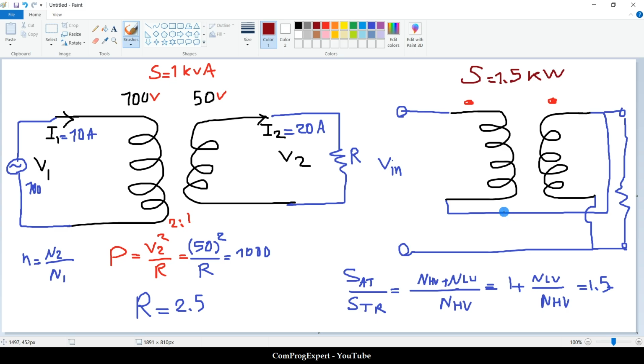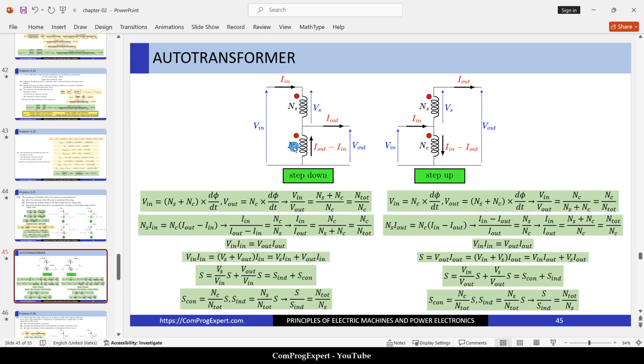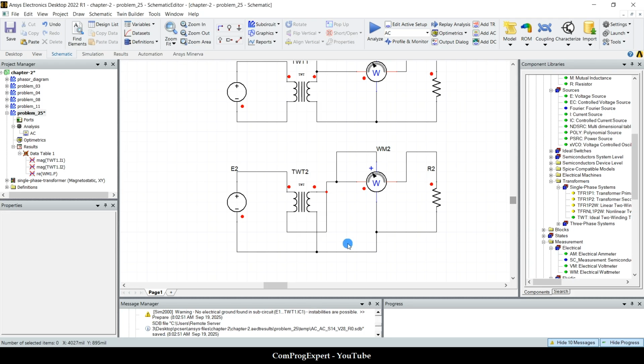Subtractive is useless, right? So we focus on the additive case. And here you can see the cases with these dot points. If we place the dot point here and wound the coils in opposite directions, okay, you can investigate that, not important. So what is the value of the power in this case?